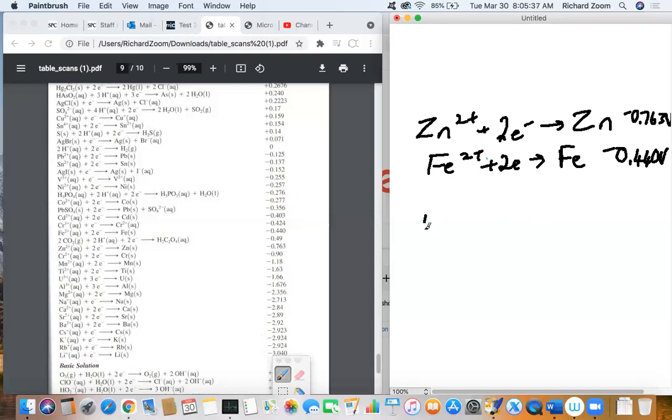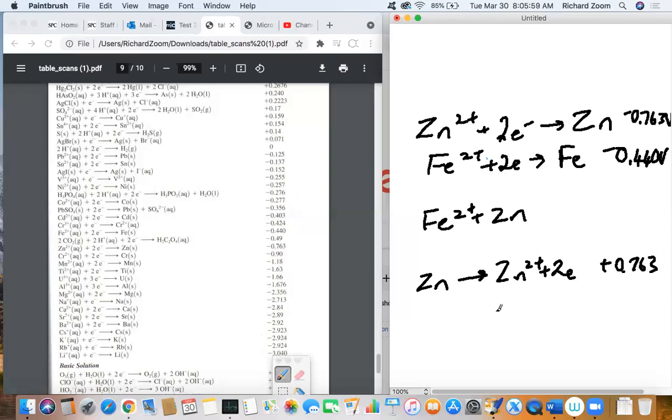Now the thing is, the reaction involves Fe2+ and zinc. So we know that we have to flip that top one. So that becomes zinc gives Zn2+ plus 2 electrons, and that would be positive 0.763 volts. And the other one remains the same.